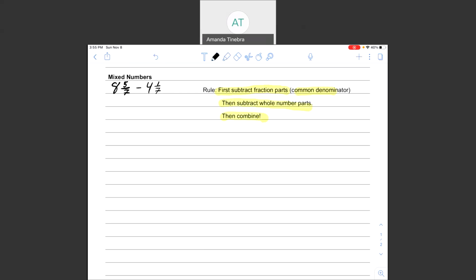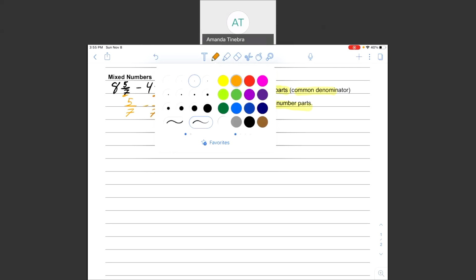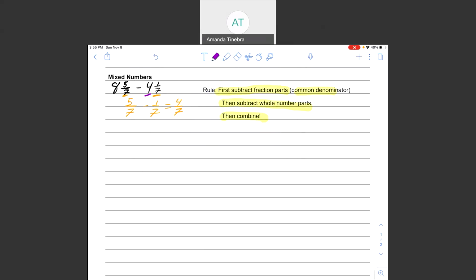Okay, so we're going to start just like we did last time with the fraction parts. I have 5/7 and 1/7. So to subtract my fractions, I'll do 5/7 minus 1/7. That gives me 4/7. Now that I've done the fraction parts, the next part of the rule is to do the whole number parts.